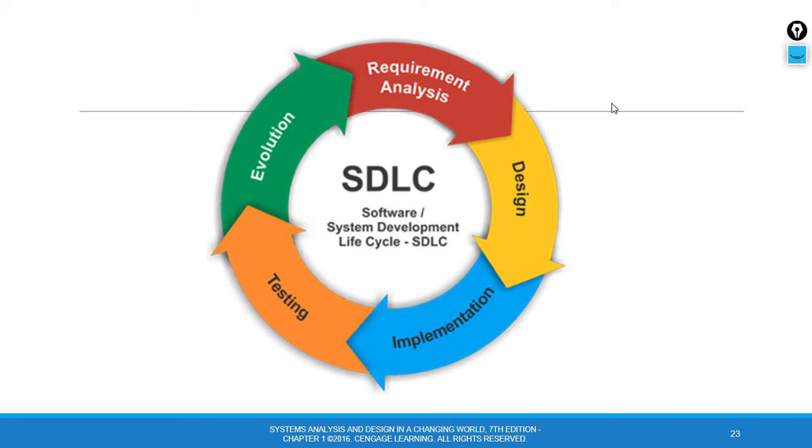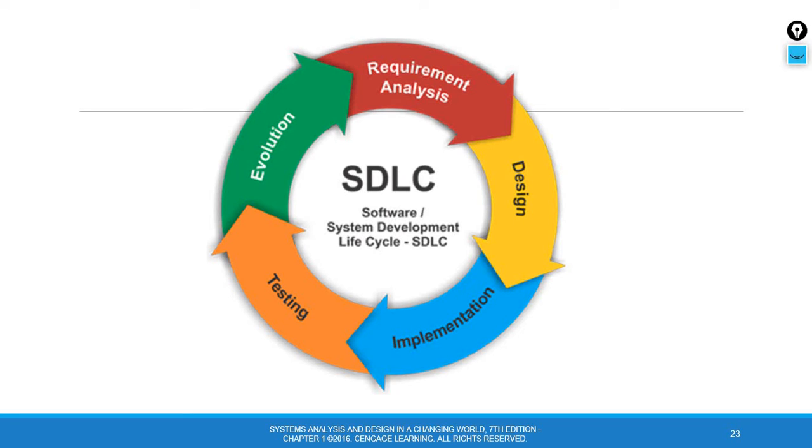Normally, the SDLC includes all activities such as requirements analysis, design, implementation, testing, and evolution, as well as other project management activities that are required to successfully deploy the new information system.